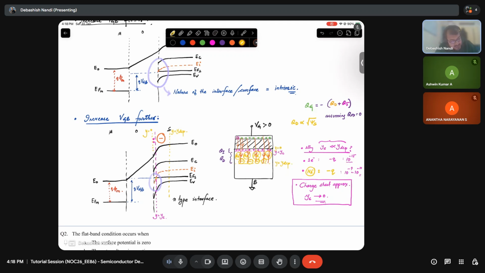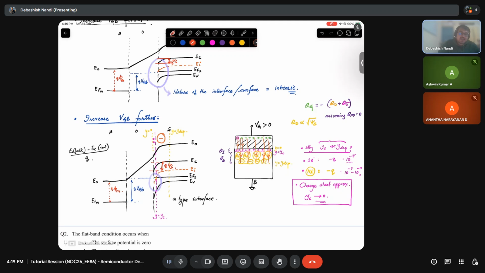Surface potential, as you know, we have defined it as EC bulk minus EC interface divided by Q. So this surface potential is this. In this case, my surface potential is this.